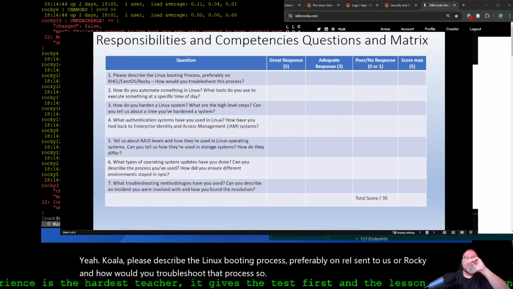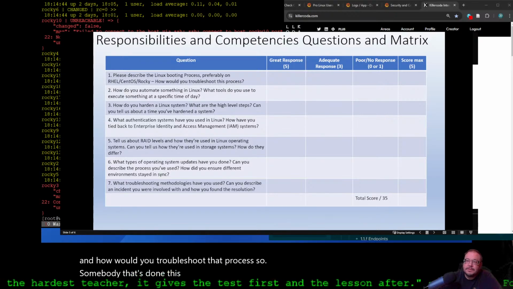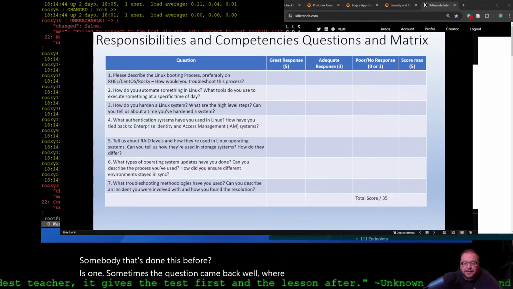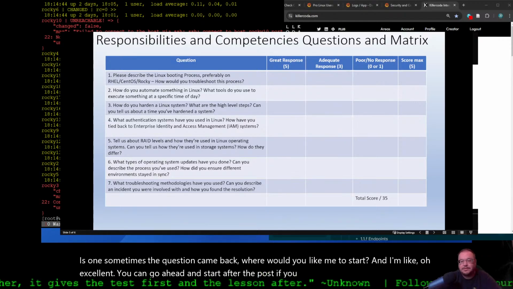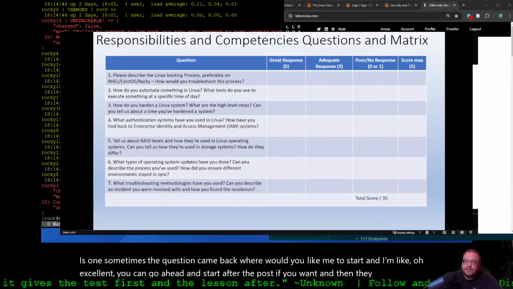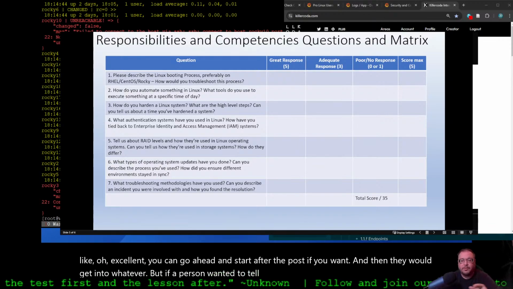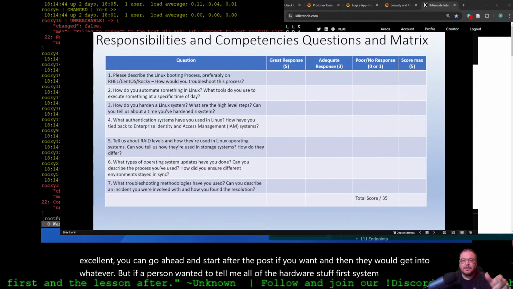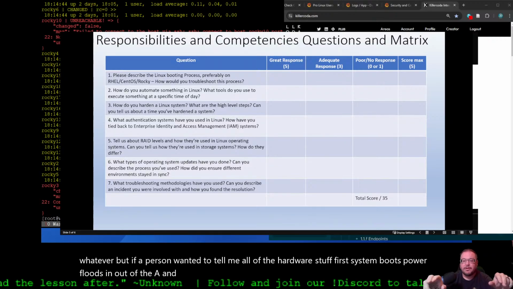Somebody that's done this before, sometimes the question came back, well, where would you like me to start? And I'm like, oh, excellent. You can go ahead and start after the POST if you want. And then they would get into whatever. But if a person wanted to tell me all of the hardware stuff first, the system boots, power flows in and out of the A and B side channel power.